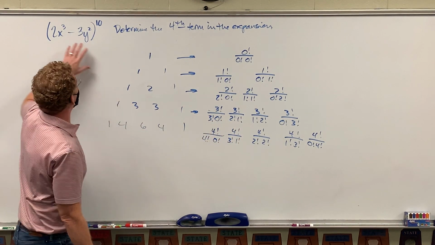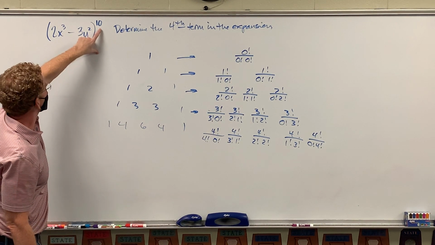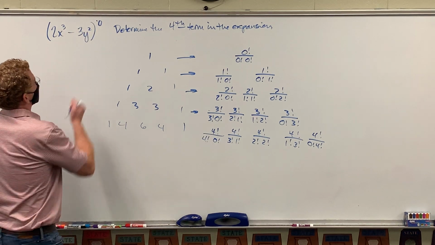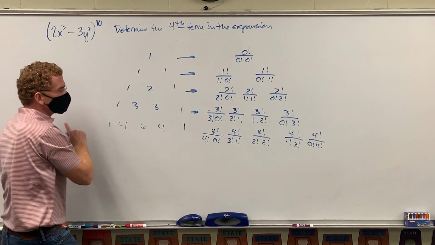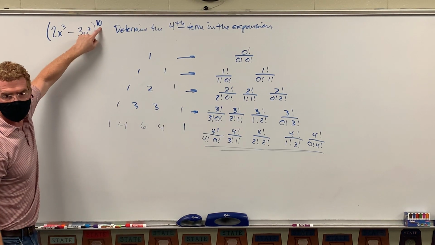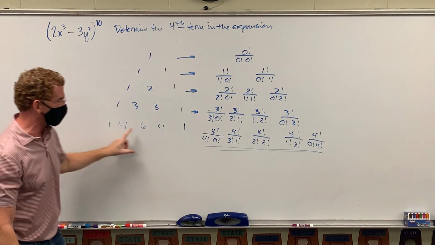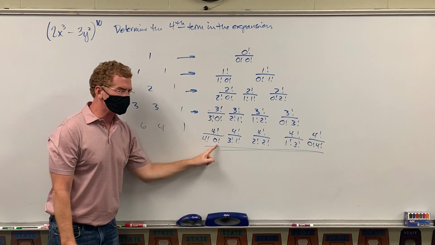Now I want to expand this thing, and I want you to realize, in fact, we'll go through the 10th. But I'm going to use this process to find the numbers in the 10 row. So for the numbers, if it was being raised to the 4th power, I use 4, 4, 0.